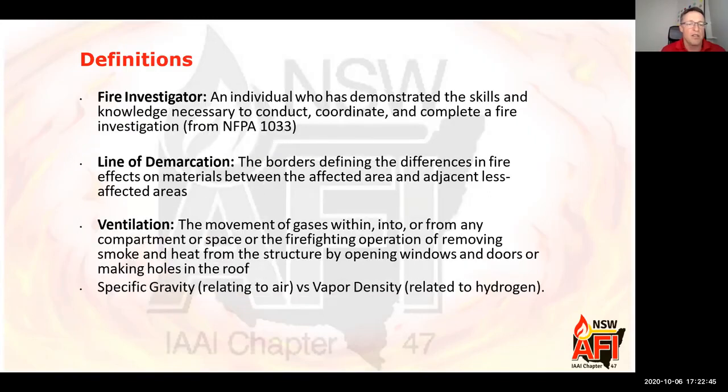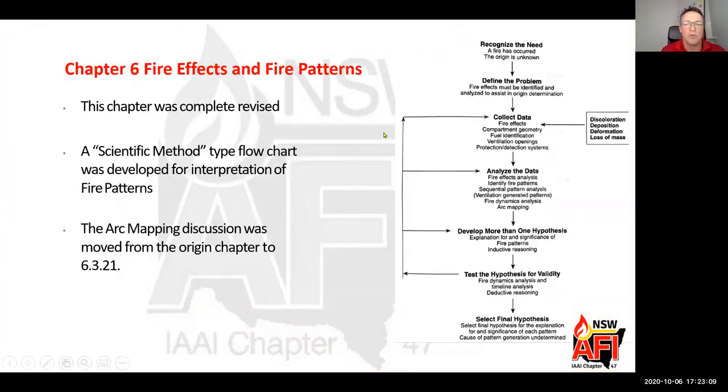Fire investigator: an individual who has demonstrated the skills and knowledge necessary to conduct, coordinate and complete a fire investigation. Now that's taken directly from 1033, which makes sense, that both are saying the same thing. And I imagine that's why that was changed. Line of demarcation, ventilation, specific gravity. These are all new definitions in Chapter 4.